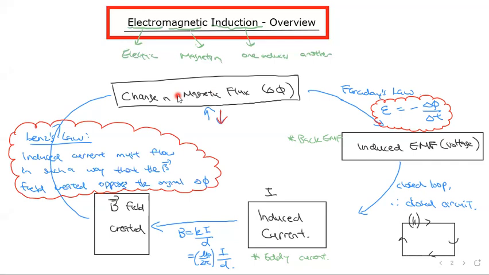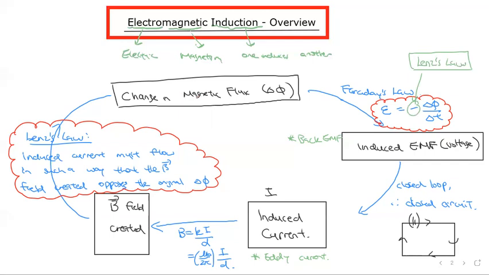So instead of pushing to the right and things getting faster and faster forever, there is some counterbalancing force, if you like. So that's Lenz's law. And that explains this negative here. This negative that is in your reference sheet for Faraday's law is really in reference to Lenz's law, which is really referring to the direction of the induced current.